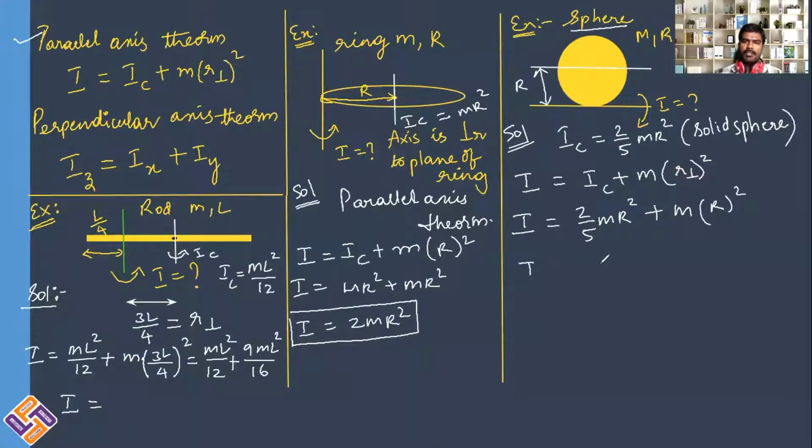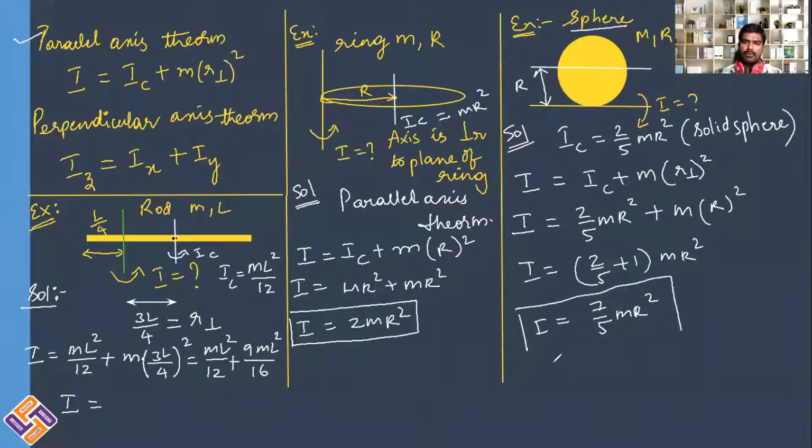So the moment of inertia will be equal to 2 by 5 plus 1, into MR square, which is equal to 7 by 5 MR square. This is the moment of inertia with respect to the axis at the tangent. This I is the tangential axis.